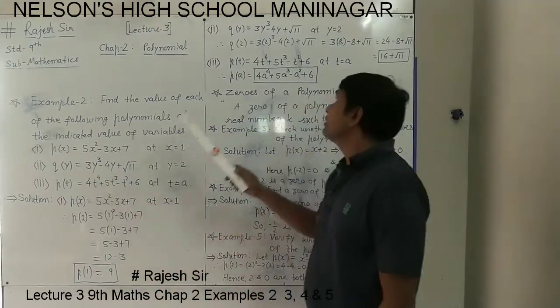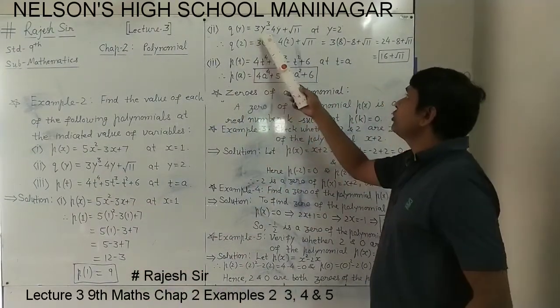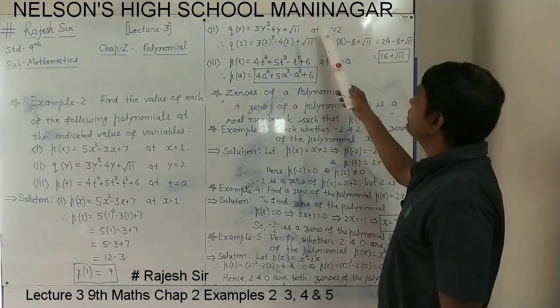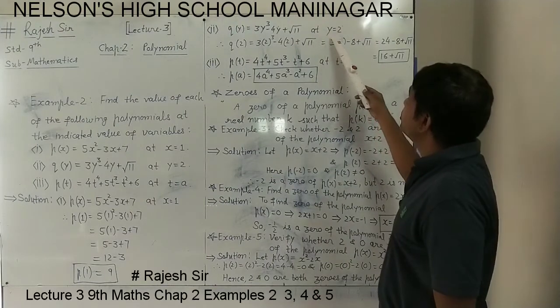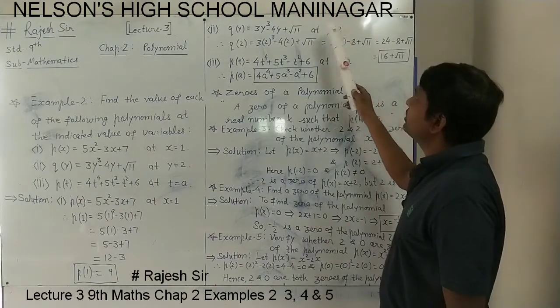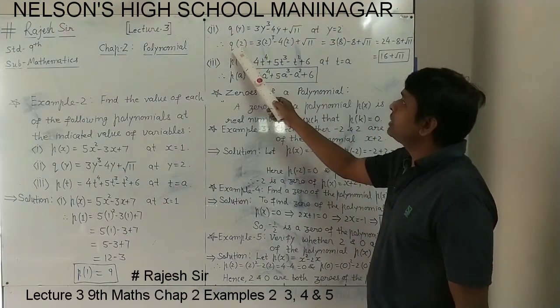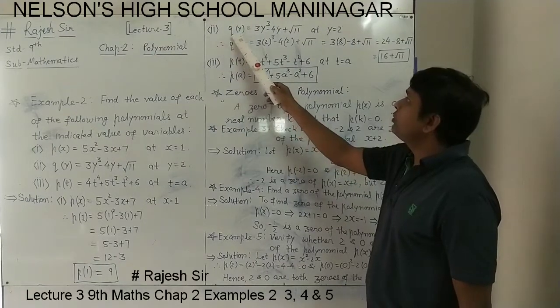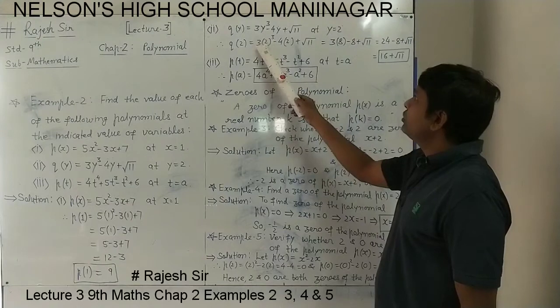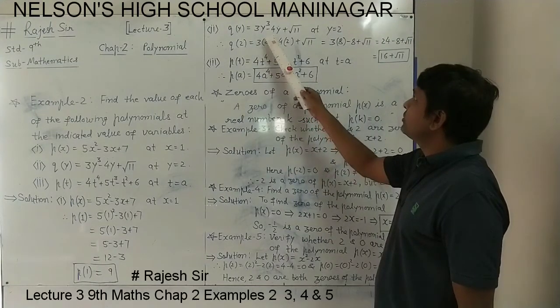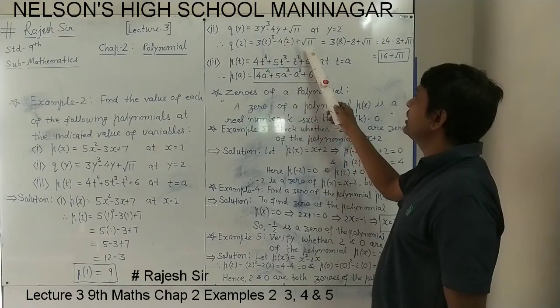Similarly, next, q(y) = 3y³ − 4y + √11 at y = 2. We want to find the value, so we replace y by 2 as given in the question. So q(2) = 3(2)³ − 4(2) + √11.